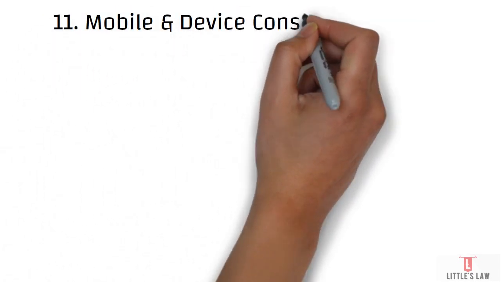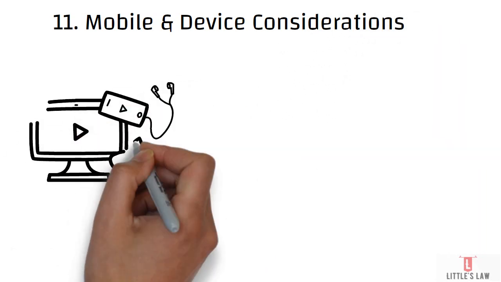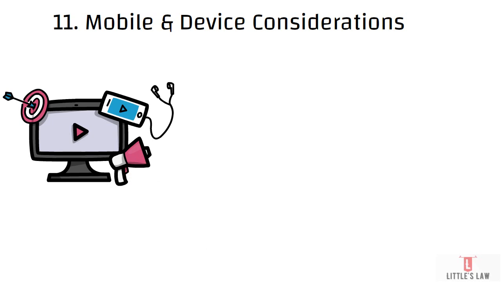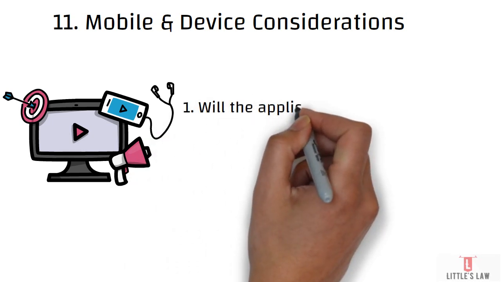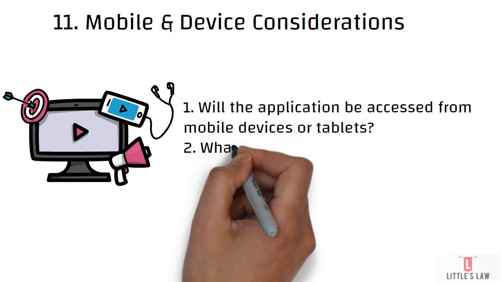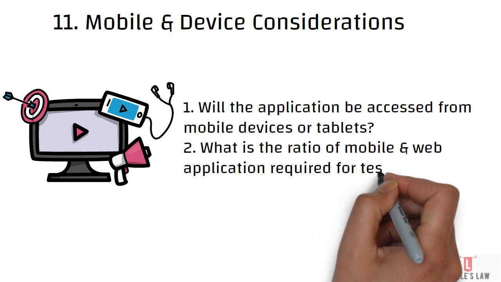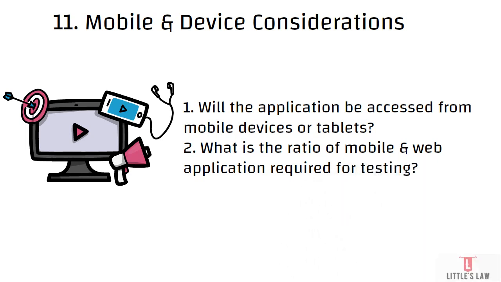And the next part is the mobile and device considerations, because nowadays we all know that the applications that we test, or that we use, are mostly in the web and mobile formats. So you'll have to understand whether you're going to test only the web module, or also test on mobile devices like mobile phones or tablets.